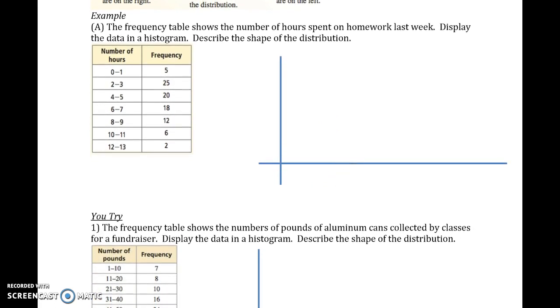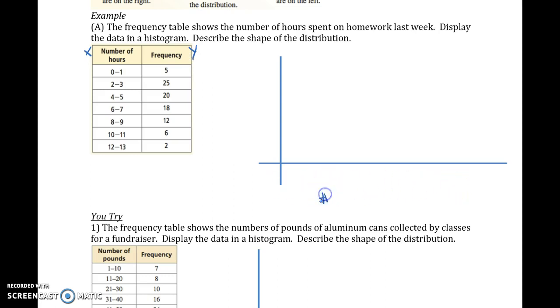So for some reason we don't have an actual graph on these notes, so we're just going to sketch to the best of our ability, but I want you to remember for your histogram our bars should be evenly spaced apart, so please use graph paper on your assignments. Okay, so some key points to our histogram. This is basically your X, this is basically your Y, the number of hours and frequency, so we want to make sure we label our axes here and what they represent.